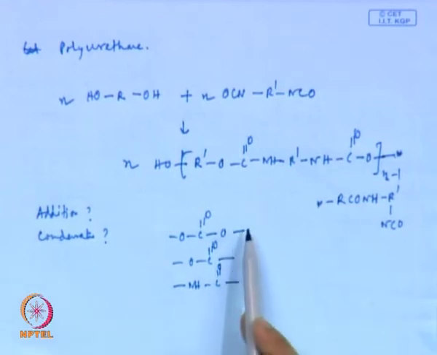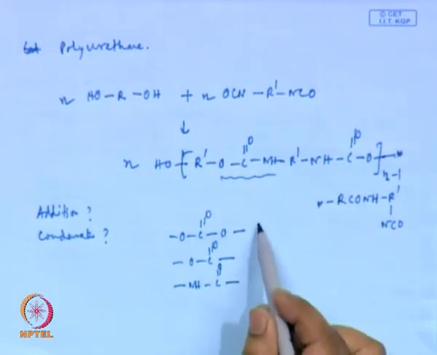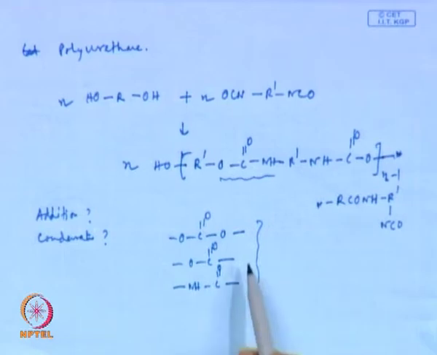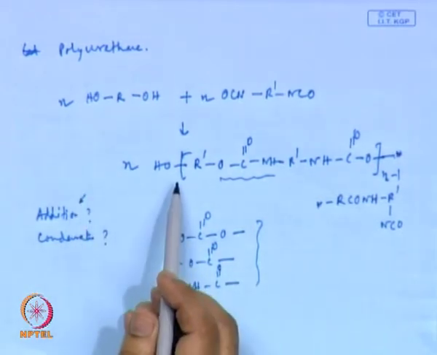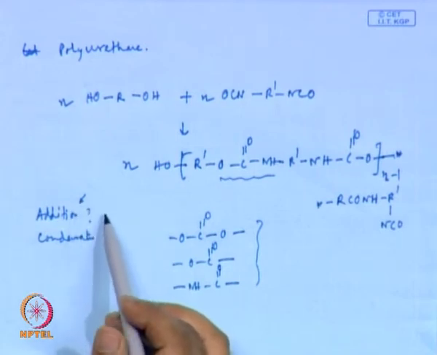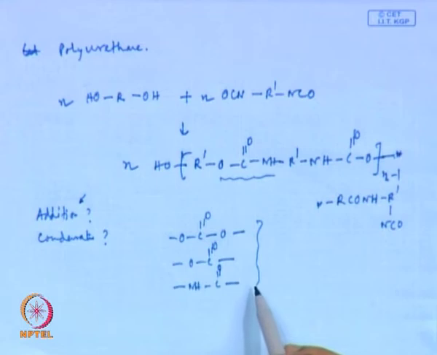So, the functionality in the backbone is much more similar to condensation polymers rather than addition polymers. Most addition polymers have a carbon backbone. So, though according to the definition it should be an addition polymer, you can yourself justify it being a condensation polymer rather than an addition polymer.